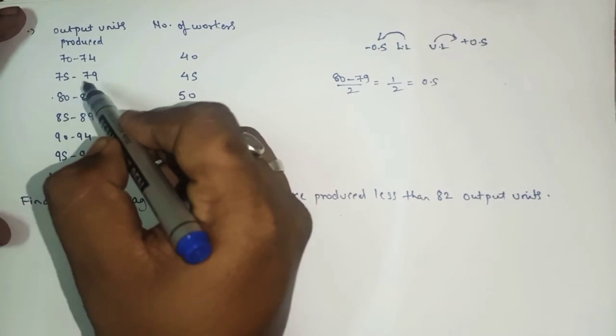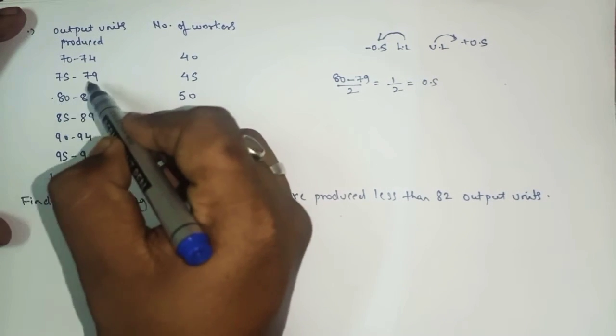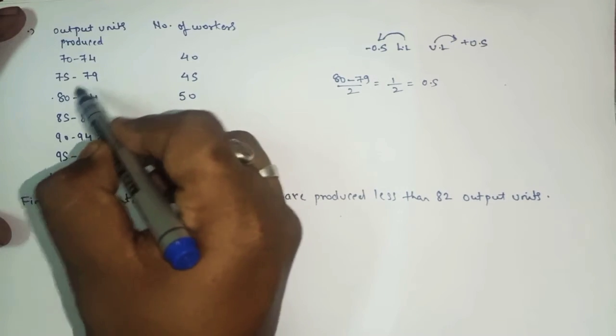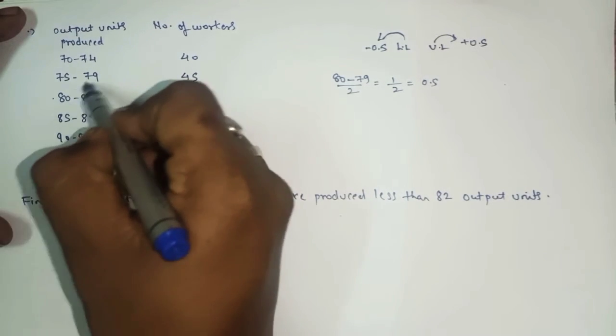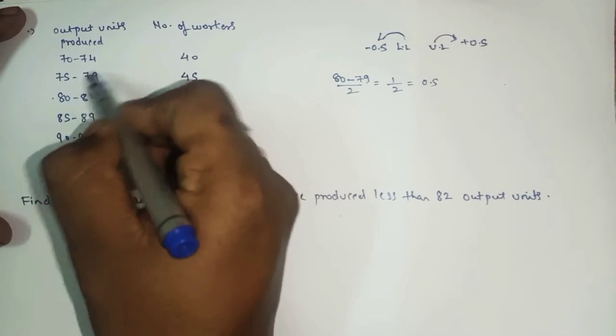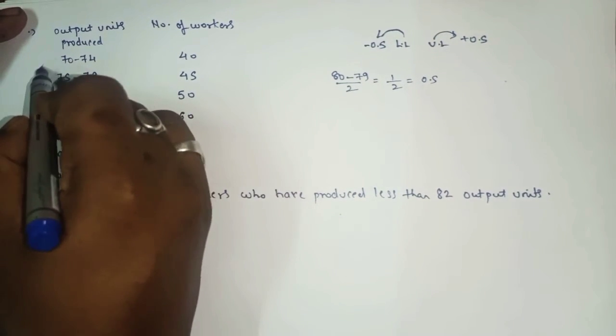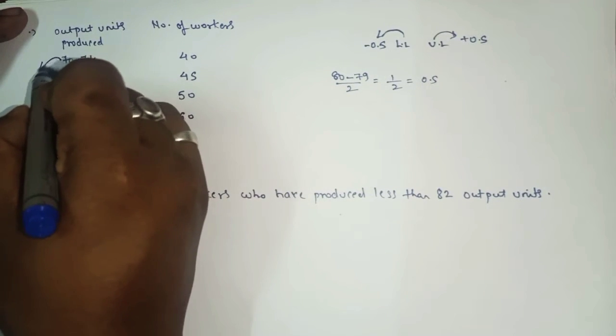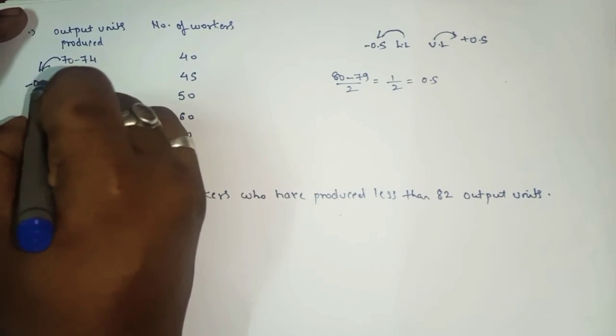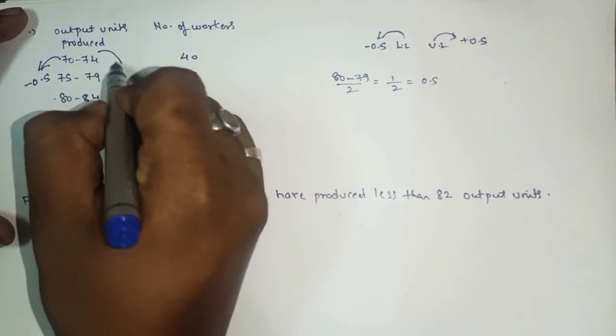I am talking about this section. Whenever the difference between these two is 1, always subtract 0.5 from the lower limit, and always add 0.5 to the upper limit.